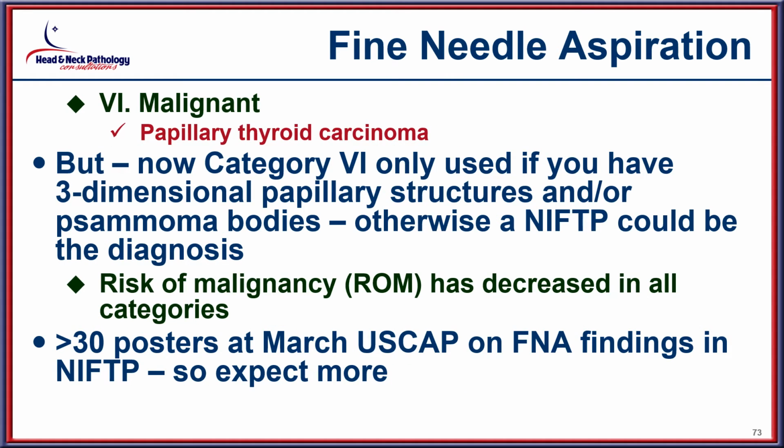But because of this, there is clearly going to be a change in the risk of malignancy for any of the categories, because now that you have NIFTP as a non-malignant lesion, there is going to be a major change in that. So the only time I can make a diagnosis now of papillary thyroid carcinoma, or category 6 in Bethesda, is if there are three-dimensional papillary structures and/or the presence of psammoma bodies.